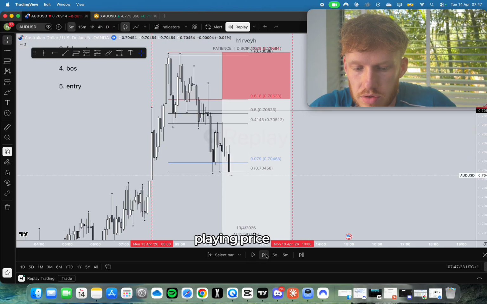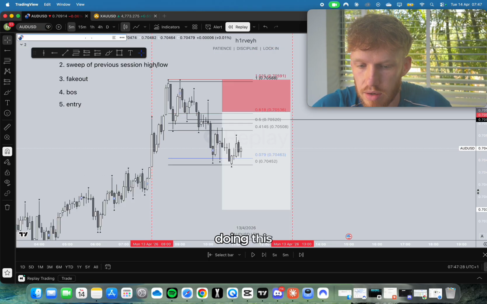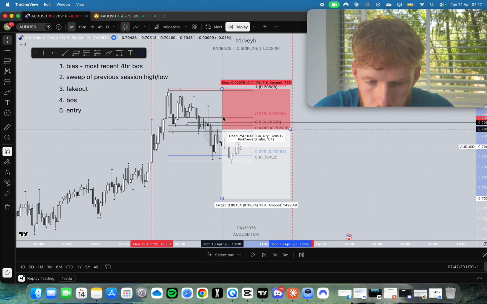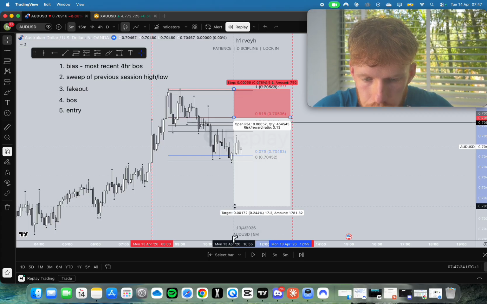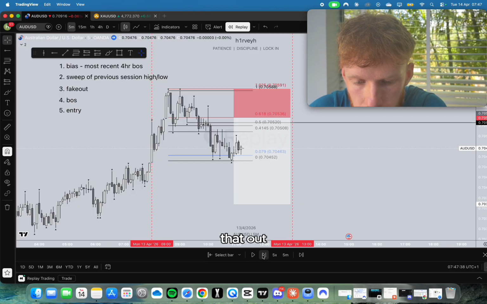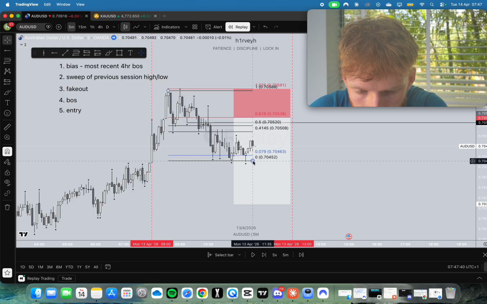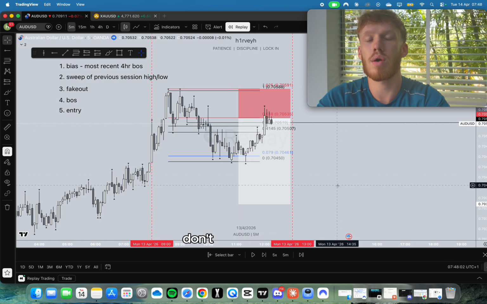So we keep playing price out, extend it again, so you keep doing this. Entry on the 618, stop loss there, targeting 1R, targeting 3R, and then we play that out. Small extension again. So now we're in this trade, everything's fixed, I don't move anything.